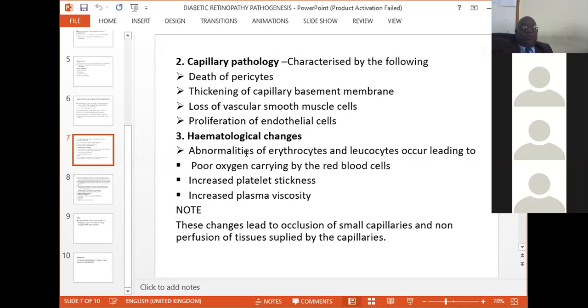Hematological changes: abnormalities of erythrocytes, which are red blood cells, and leukocytes, white blood cells, lead to poor oxygen carrying by the red blood cells. Platelet stickiness and plasma viscosity increase. These changes lead to occlusion of the small capillaries and non-perfusion of the tissues supplied by the capillaries.